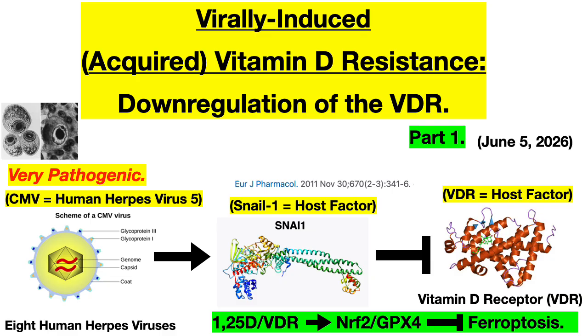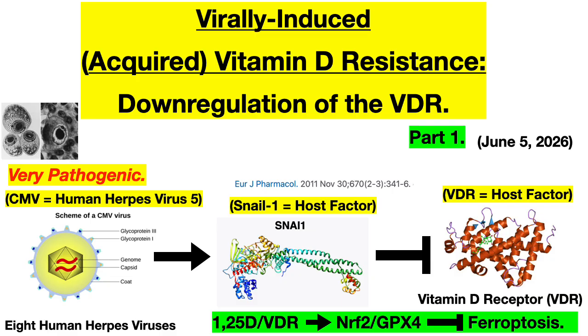To encompass both of these agonists, we can abbreviate them as 1,25D to refer to these doubly hydroxylated versions of a vitamin D backbone secosteroid molecule.